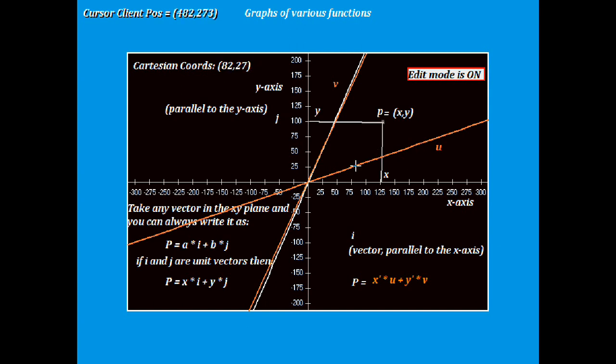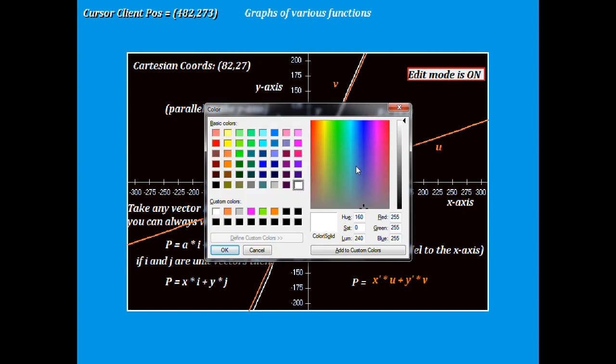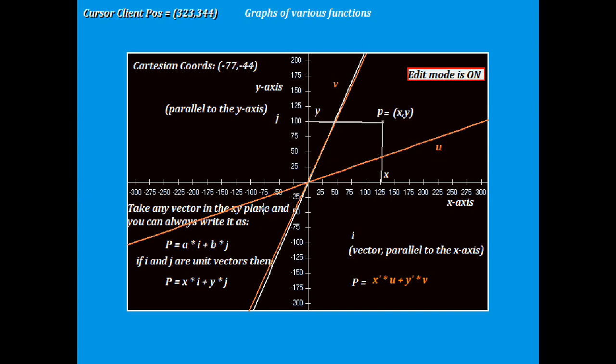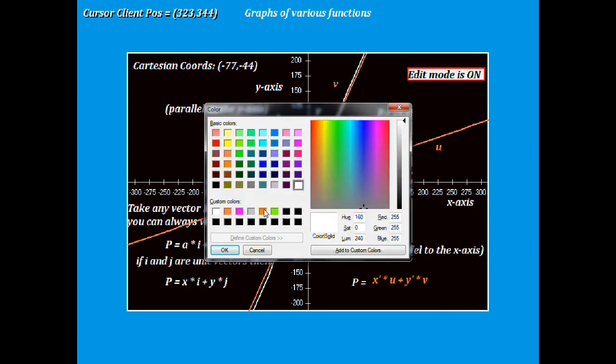I don't want this mode. I want a line. Well, it should be orange, but I don't want it to be exactly the same.